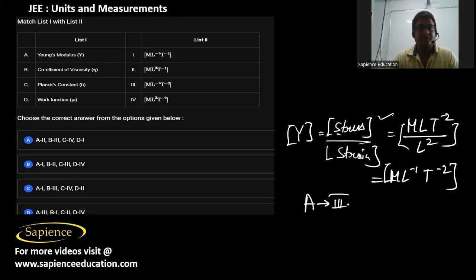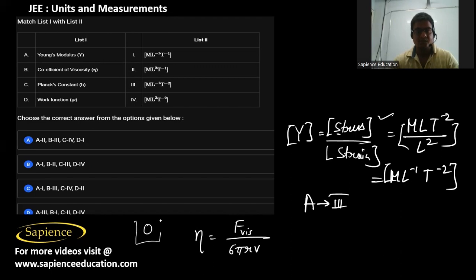And B is the coefficient of viscosity, which is equal to the viscous force divided by 6 pi r v, since the viscous force on a sphere is 6 pi eta r v. If a sphere is moving through a fluid, this viscous force is exerted by the fluid on the sphere.